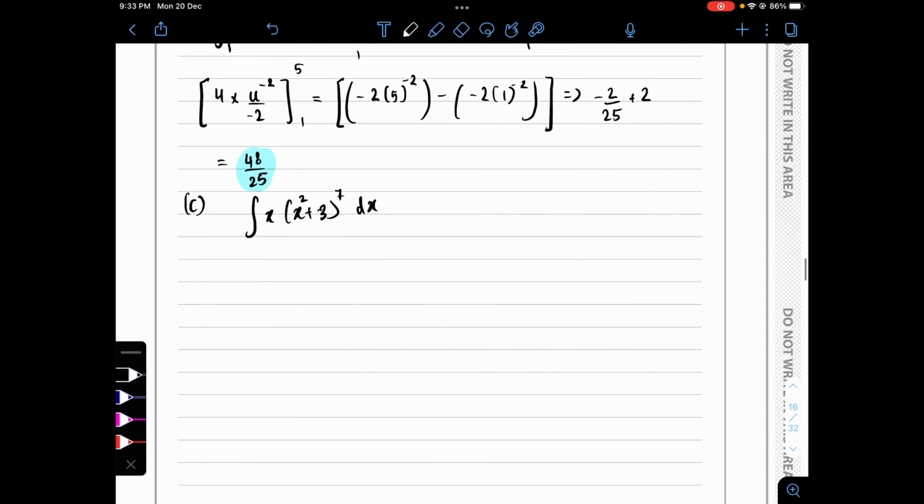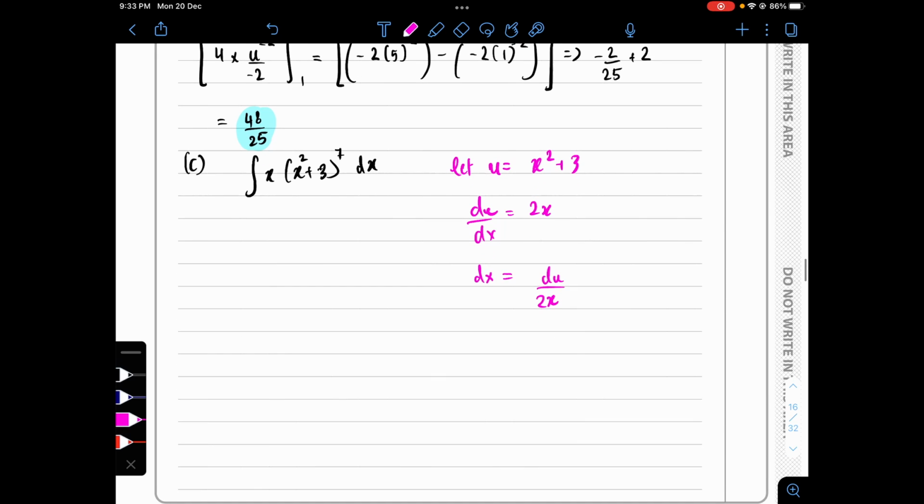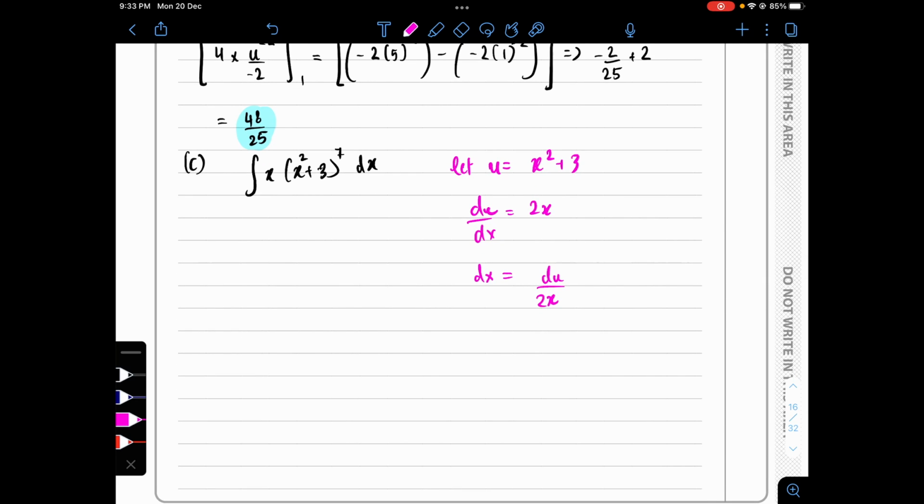Okay, so now let u equal x squared plus 3. So du over dx is 2x, and then we make dx the subject, so that'll be du over 2x. You can see here that there are no limits, so it doesn't matter. So now all we have to do is substitute it back in.